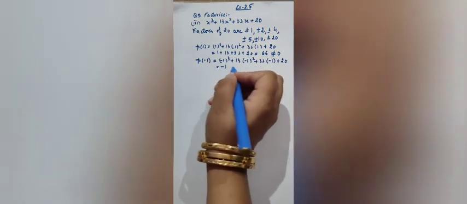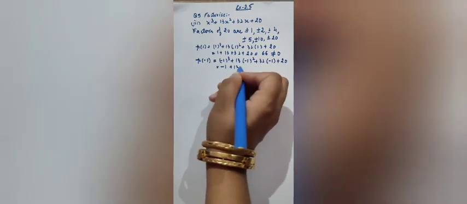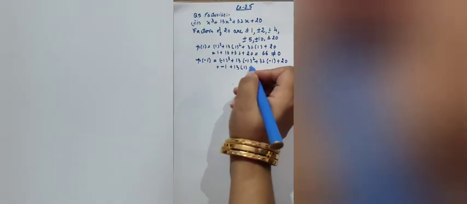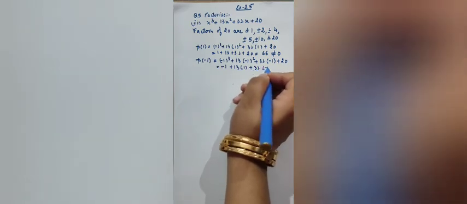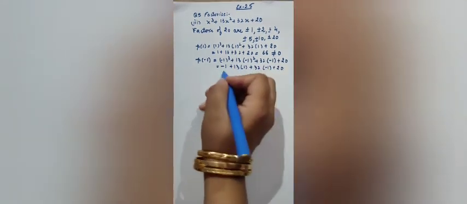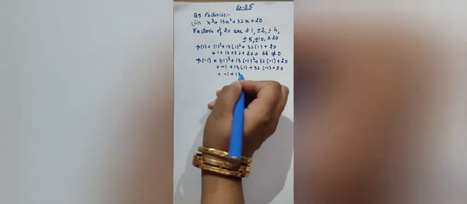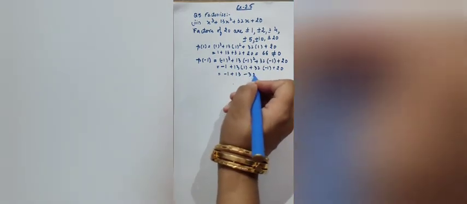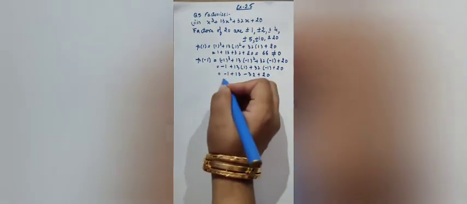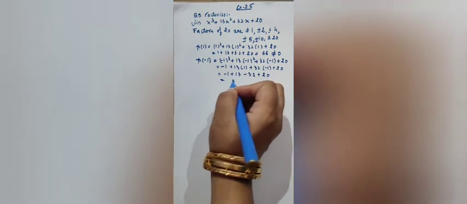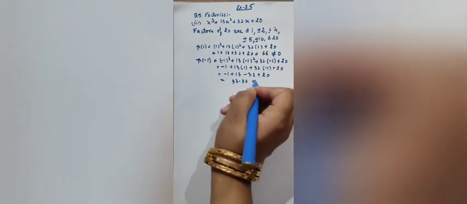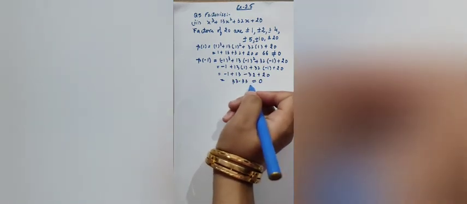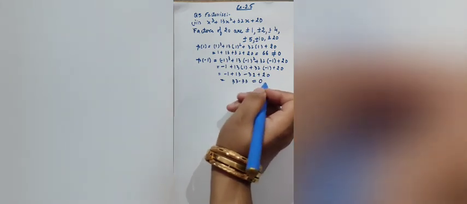Minus 1 cube will be minus 1, plus 13, 1 square will be 1, so 32 into minus 1, and plus 20 here. So minus 1 plus 13 minus 32 plus 20. On adding, I will get 33 and minus 33, so I will get 0 here. So you can see that on putting p of minus 1, I get remainder as 0.